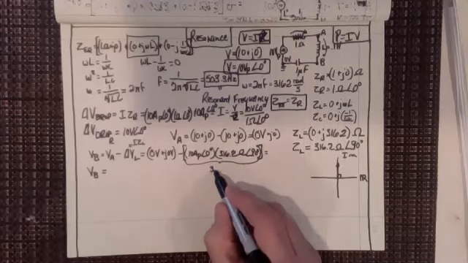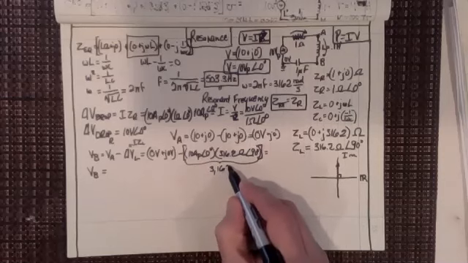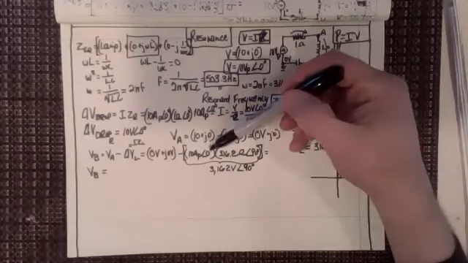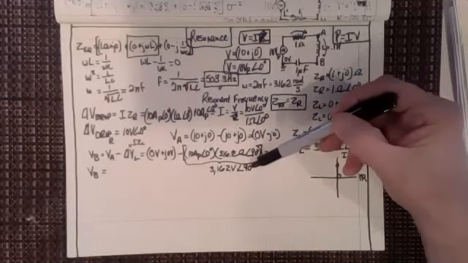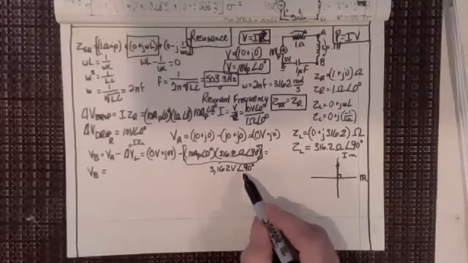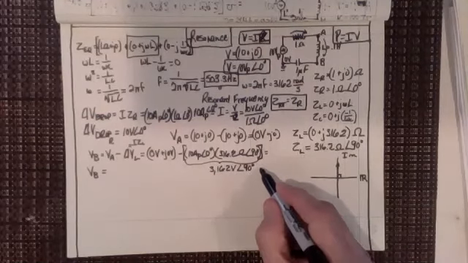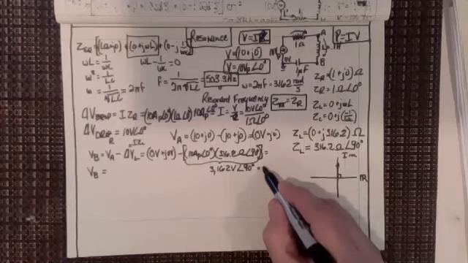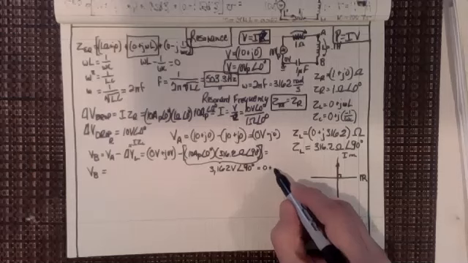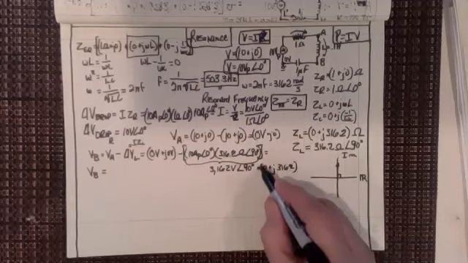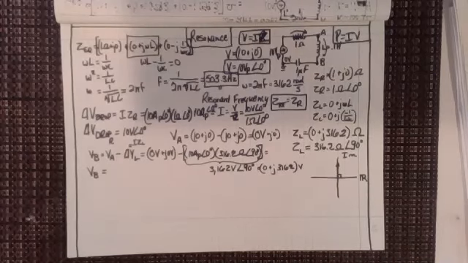If that is 3,162 volts at an angle of 90 degrees, does everyone see why it's 90 degrees? It's 0 degrees plus 90 degrees gives me 90 degrees. Then I could write this part right here as 0 plus j3162 volts, right? Does everyone understand that?